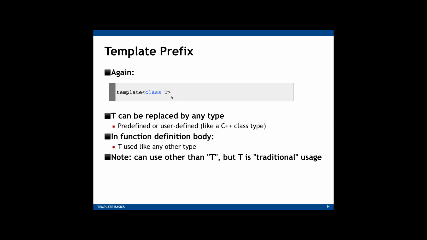But we normally use a capital T here because it represents type. But there is one condition. You can use any identifier here, but you cannot use a keyword in C++.